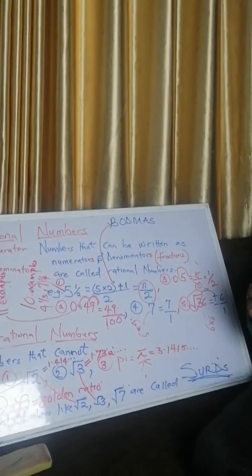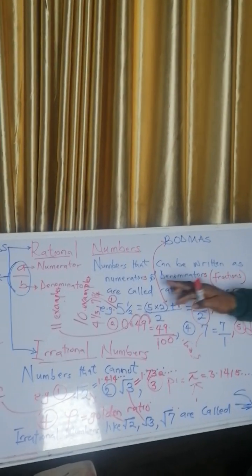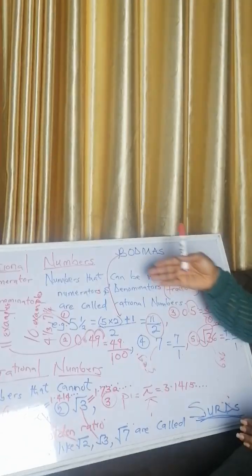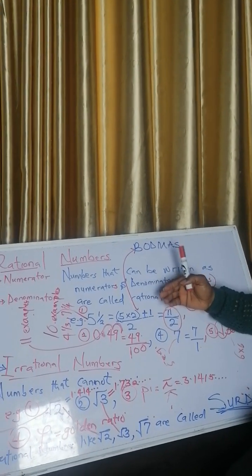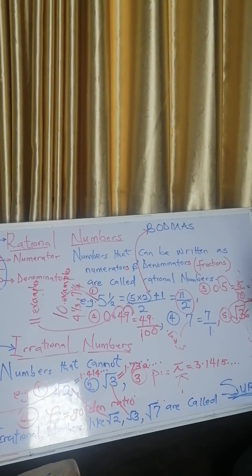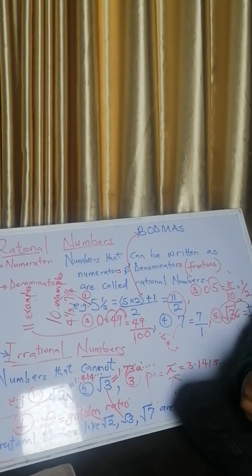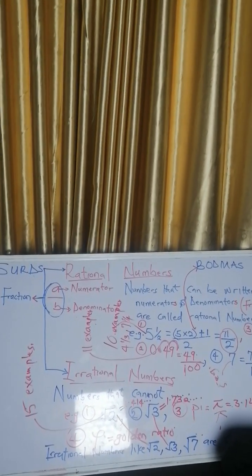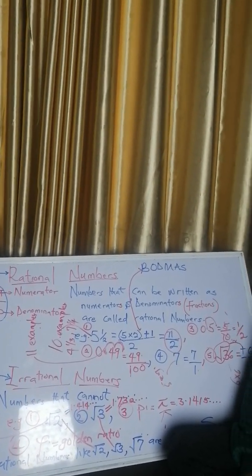Shape your mindset. Know that this English will be interpreted. Look at this now, very simple. Numbers that can be written as numerator and denominator are written in English. So it means I understand English, and I was able to interpret it and give an example of it. I also want you to do the same from your own end. Have fun and ensure that you flow with it, and I'm very sure that you will learn very well.